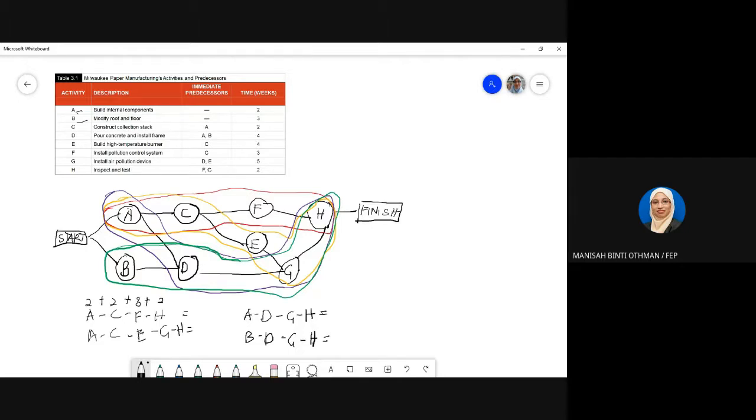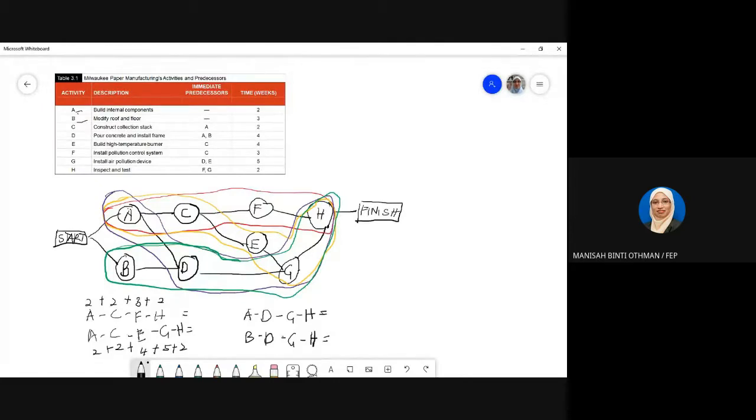Then 2 plus 2 plus E 4 weeks, plus G is 5 weeks, plus H 2.